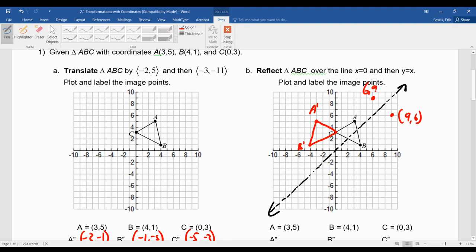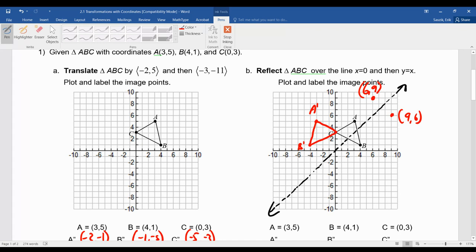So what you realize quickly, I hope, is that these X and Y values flip-flop when you reflect over Y equals X, okay? They flip-flop. Now, these are both in quadrant 1, so we didn't have to do anything about the signs.